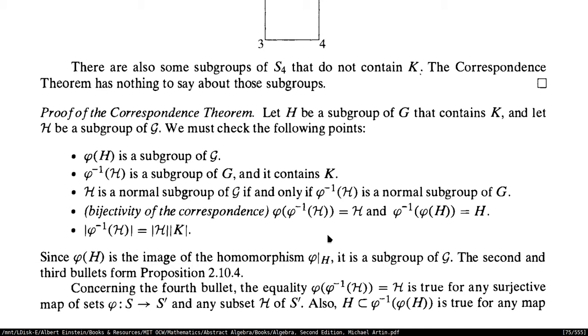Then H is a normal subgroup if and only if its preimage is a normal subgroup. Then you have to check the bijective correspondence. Then you have to check that the order of the preimage is equal to the order of the subgroup times the order of the kernel.